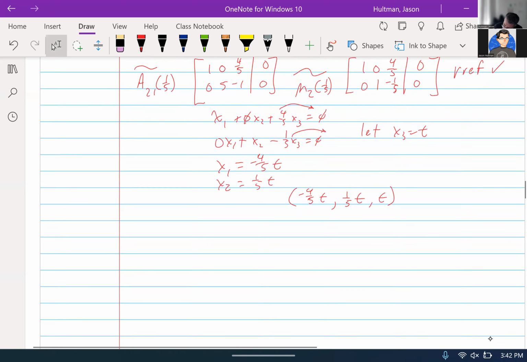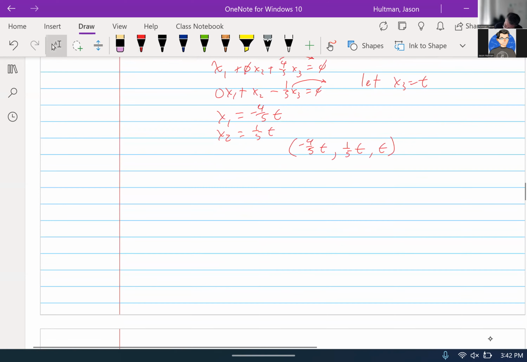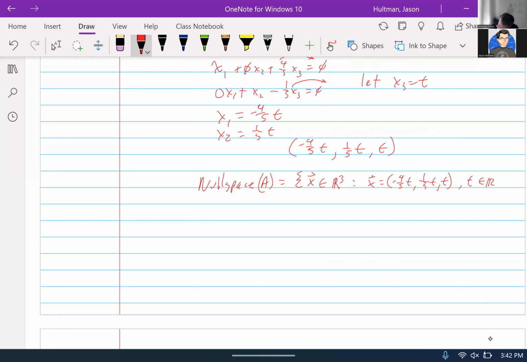So the null space of A is equal to the variable vector x, an element of R3, such that x is equal to -4/5 t, 1/5 t, and t, given that t is an element of R1. And that's my null space of A.